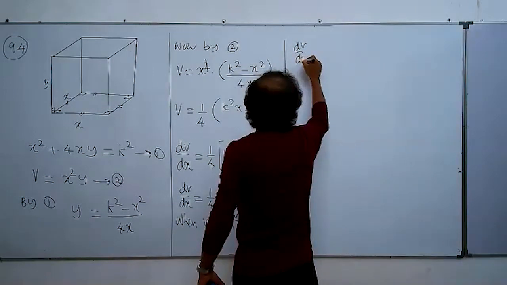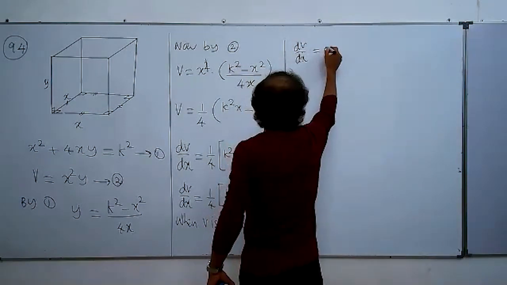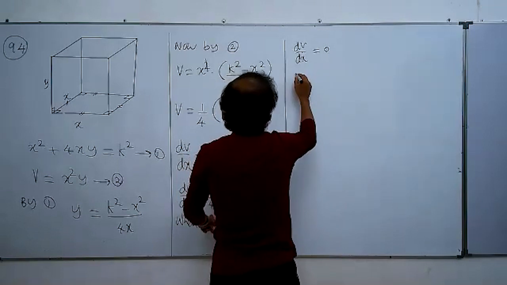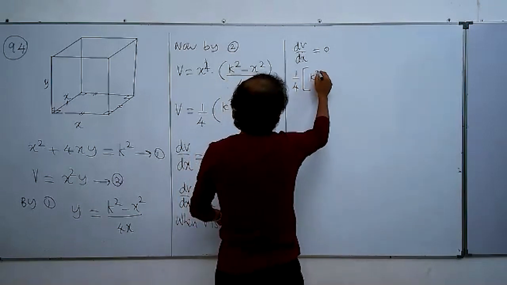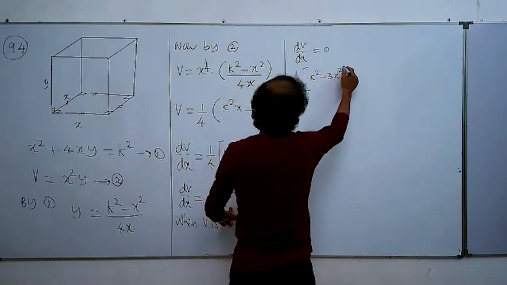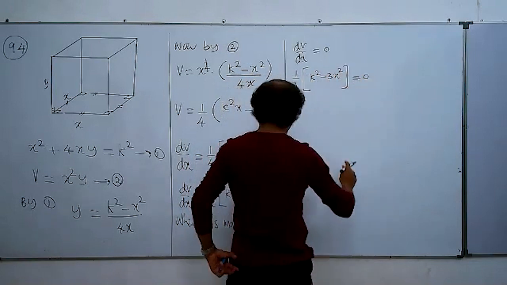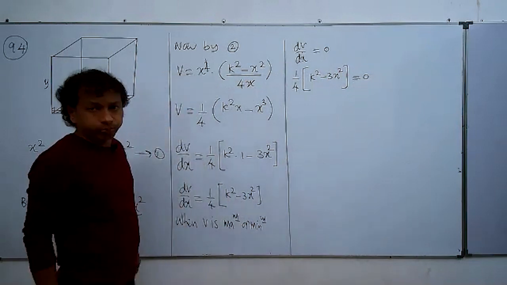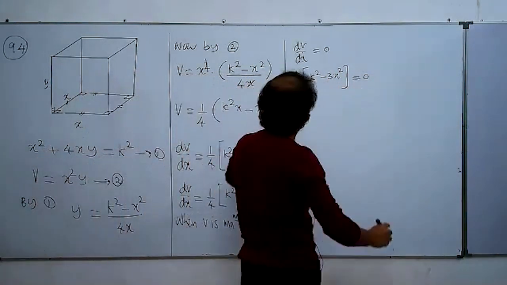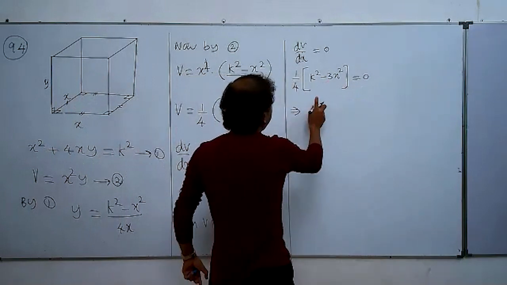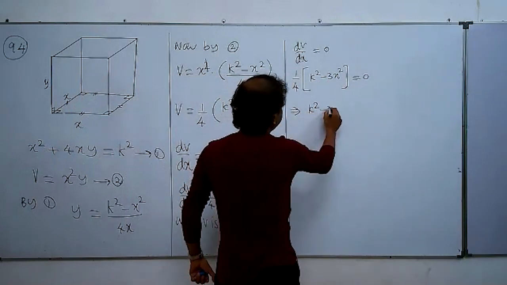That means 1 upon 4 (k squared minus 3x squared) equals 0. Now, this into this equals 0 means this bracket should be 0, people.